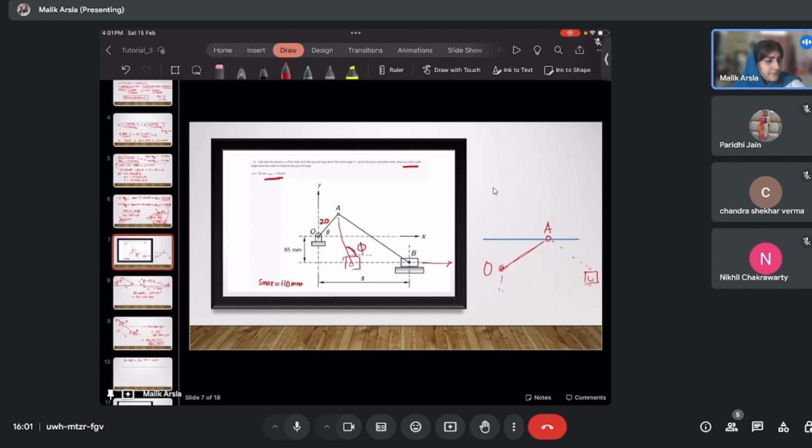Let me draw it again. If this is your fixed link and the OA angle has gone to 266 degrees, it will look something like this. So this will be your O, this will be your A.